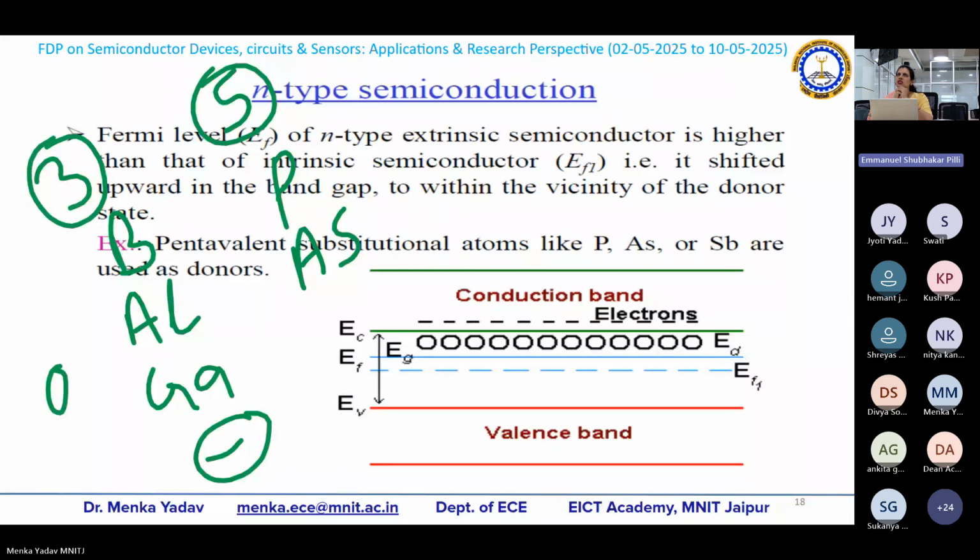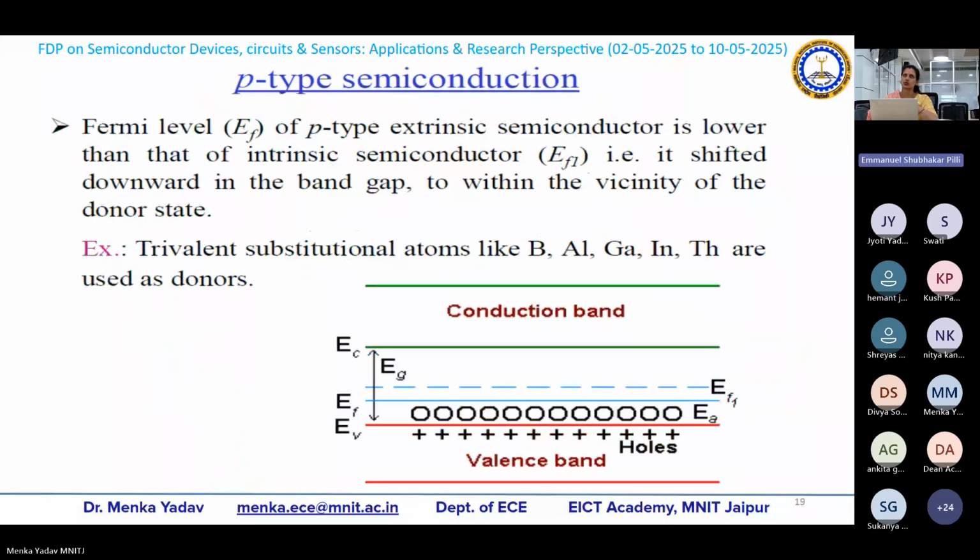It is seen that the Fermi level has been shifted towards the conduction band, and there is a donor energy level that is just above the Fermi level, and there are ample electrons available, right? So this is how it is going to work.